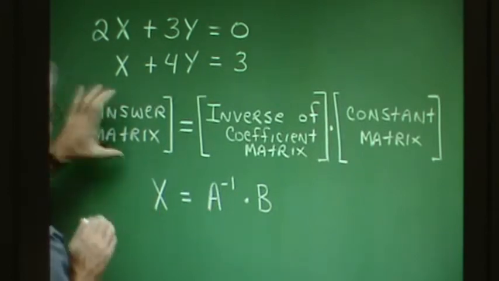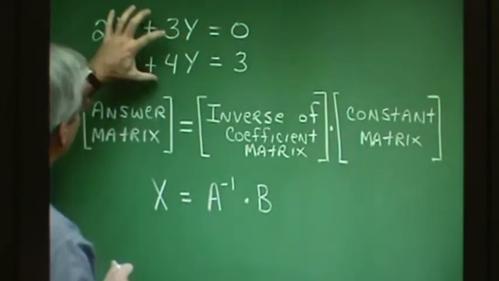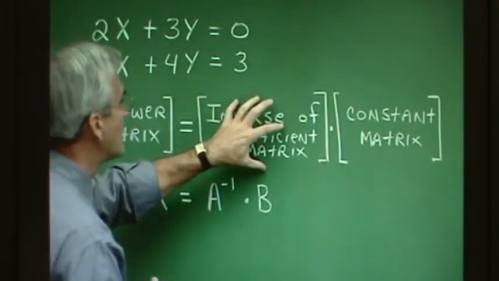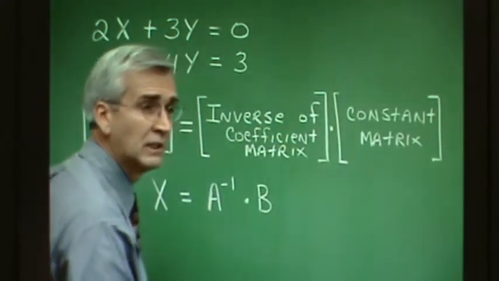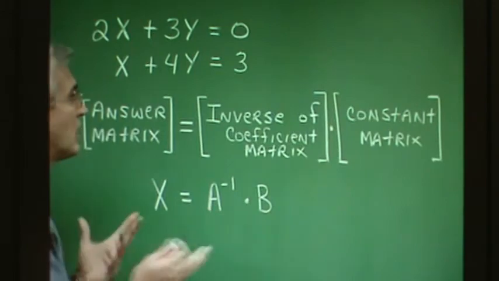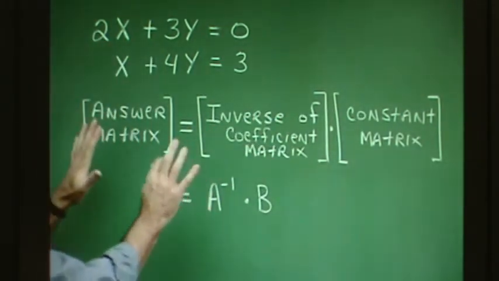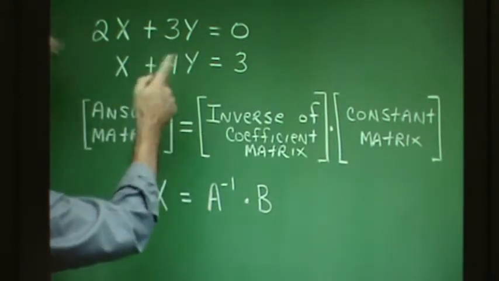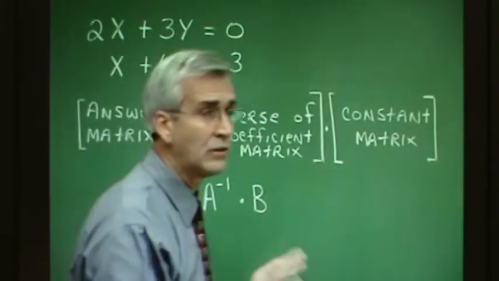The answer matrix is found by taking the inverse of the coefficient matrix, the inverse of the matrix of these coefficients, and then multiplying times the constant matrix. The only tough part here is to generate the inverse of the coefficient matrix. Now, the coefficient matrix is the 2, 1, 3, 4 matrix. So let's go through that process of generating that inverse, and then we'll find the values for X and Y.